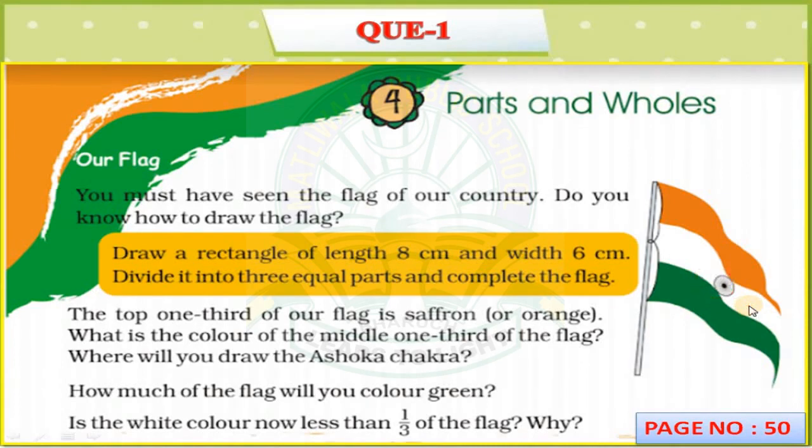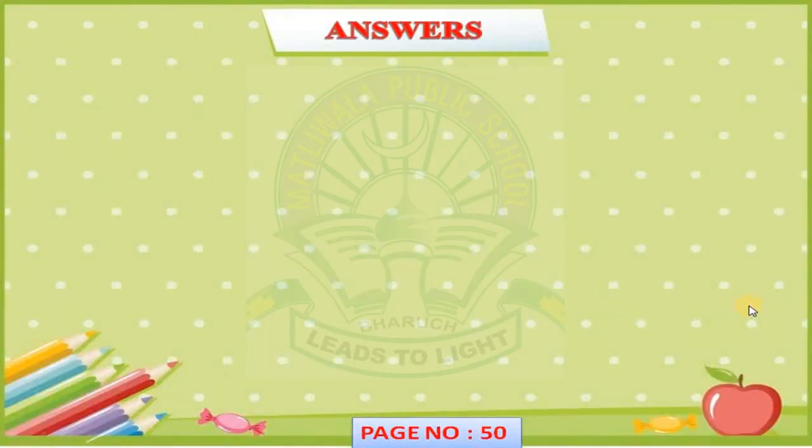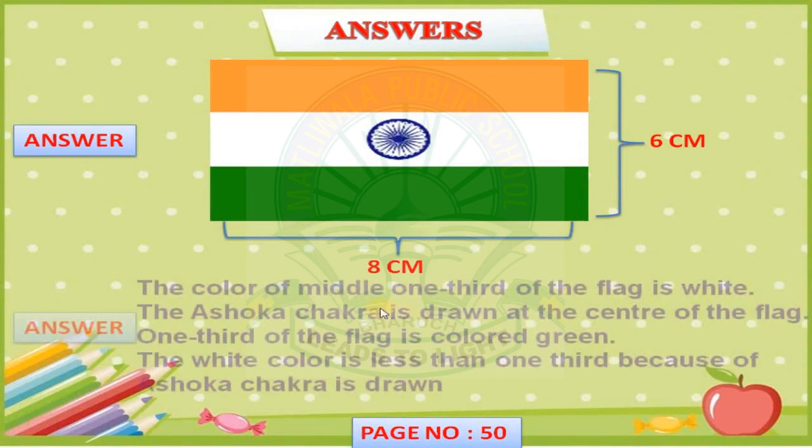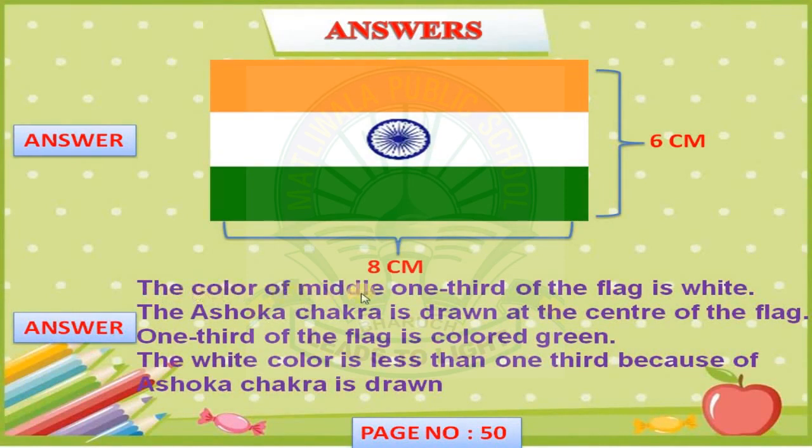So I have given the answer here in detail. The color of the middle one third of the flag is white, and Ashoka Chakra is drawn at the middle as the center of the flag.